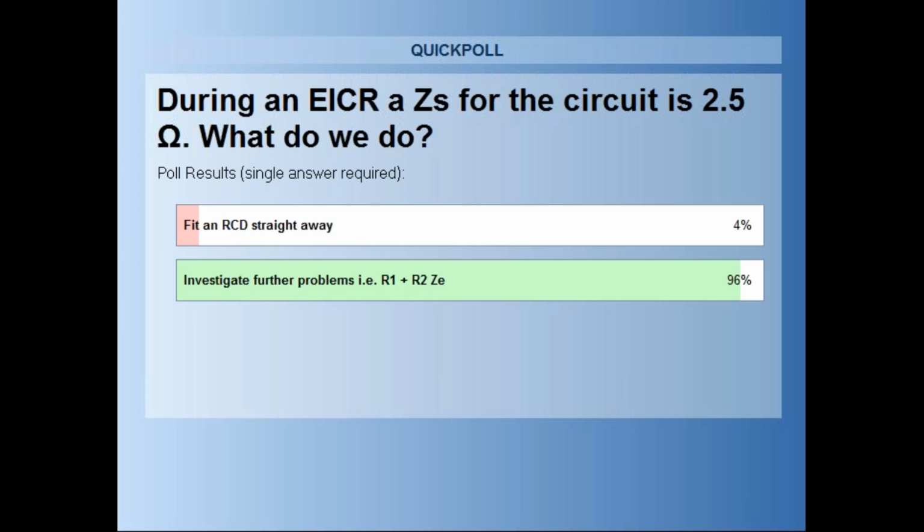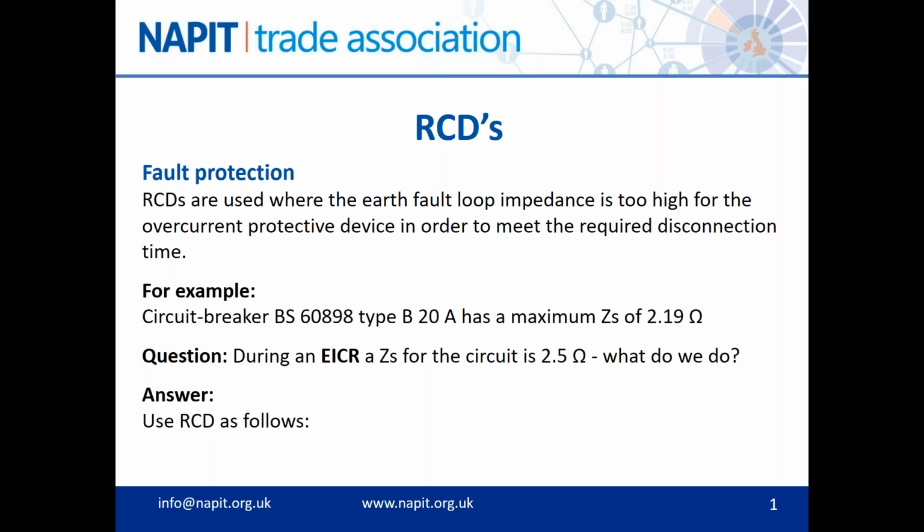The installation itself could have loose joints. Even in a lighting circuit, there's lots of joints and ceiling roses in lighting circuits. You only need one loose joint on the line or on the circuit protective conductor to increase that value, and of course a bit of investigation and a few tightening of joints can actually reduce the Zs values.